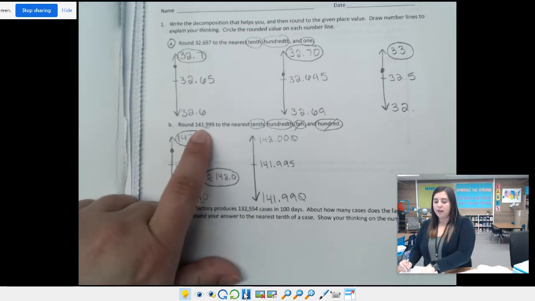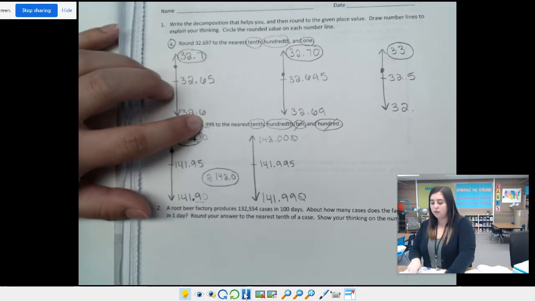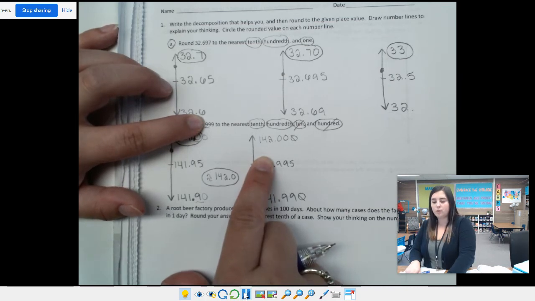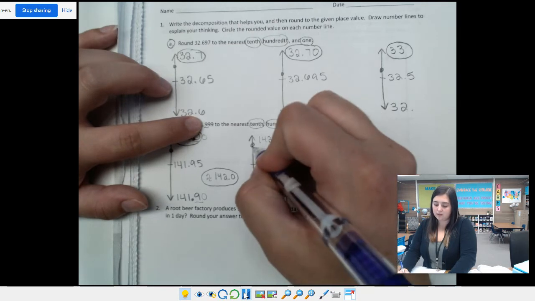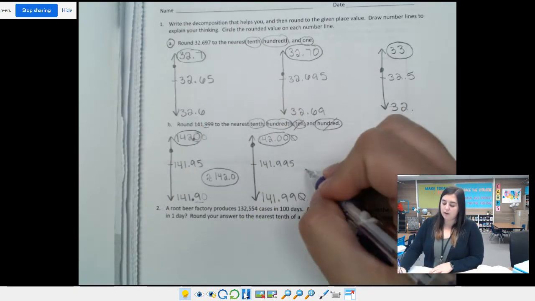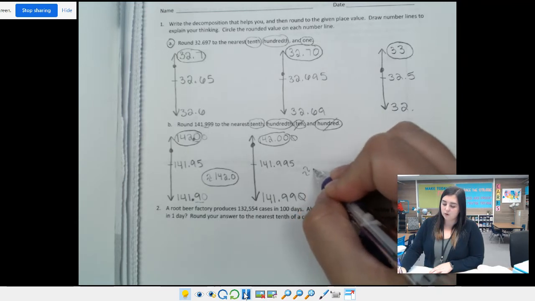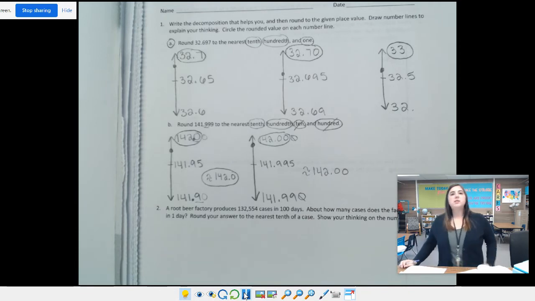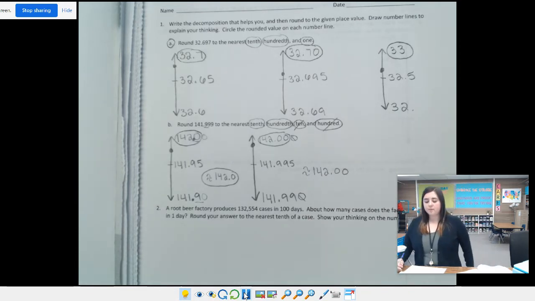And now add in my number. Looking just at the decimals, which one's larger? 995 or 999? 999. So again, we are rounding up. Our answer should be about 142 and 0 cents or 0 hundredths.